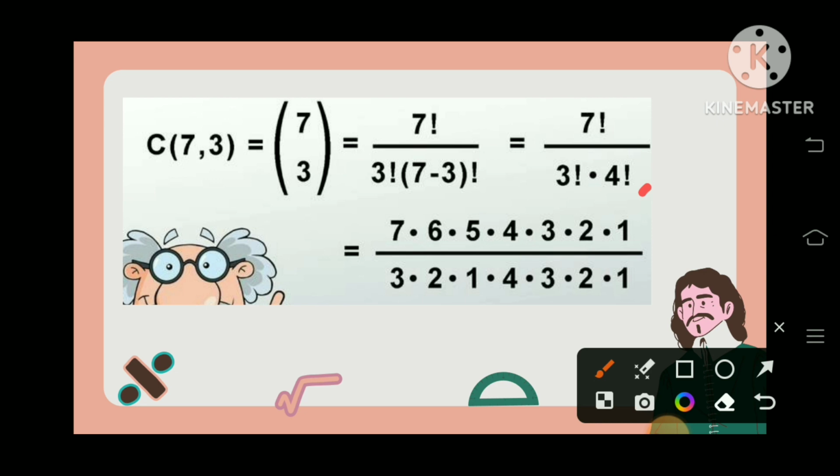So we are able to cancel these. 7 times 6 times 5 is equal to 210.